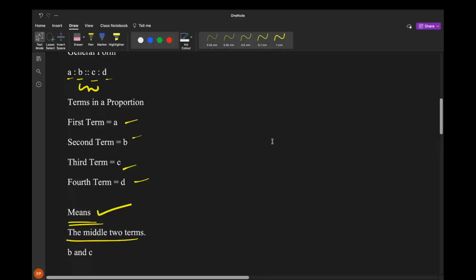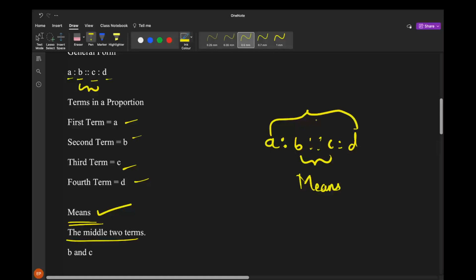Let me write here: A is to B proportion to C is to D. These two are means. What about these two? These two are extremes. These two are means, these two are extremes.